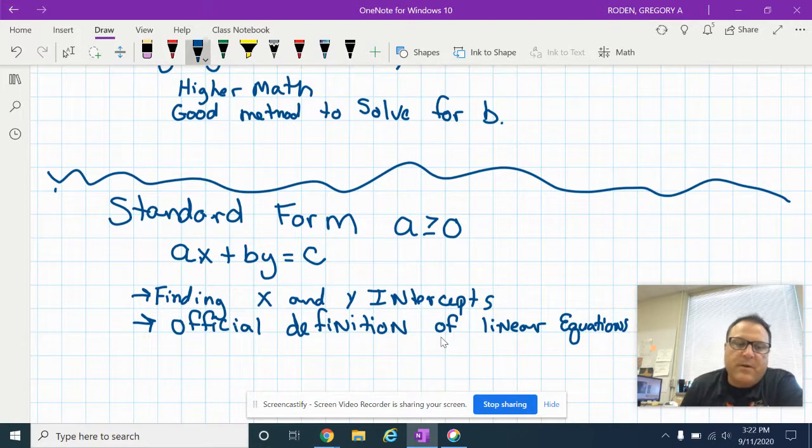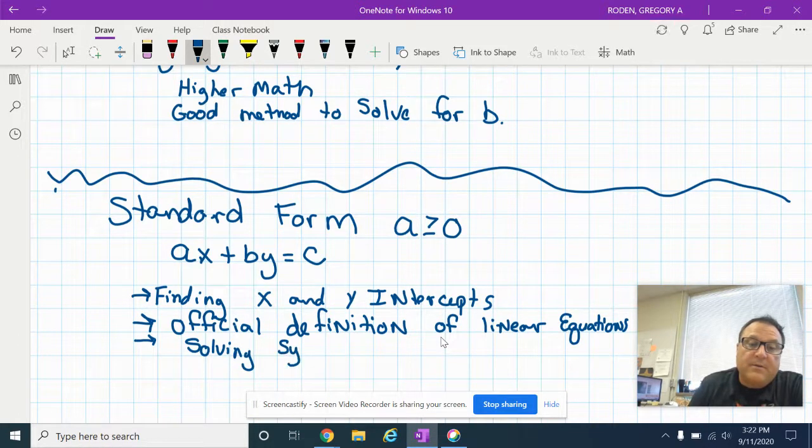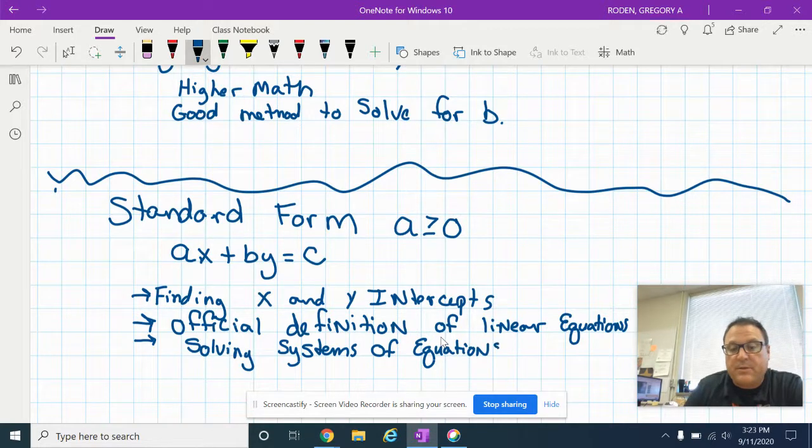And another thing is, it's good for solving systems of equations using elimination.